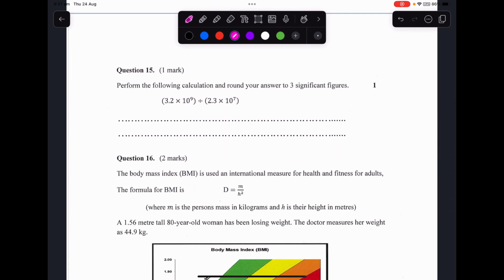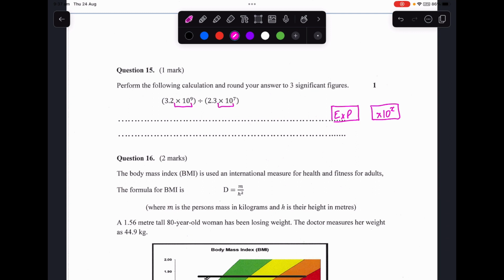Okay, perform the following calculations and round your answer to 3 significant figures. So obviously you have to put this into your calculator. Now, each of you will have a different button on your calculator. You might have one that says EXP, or you will have one that says times 10 to the X. Now, remember that those two numbers calculate that whole part there.